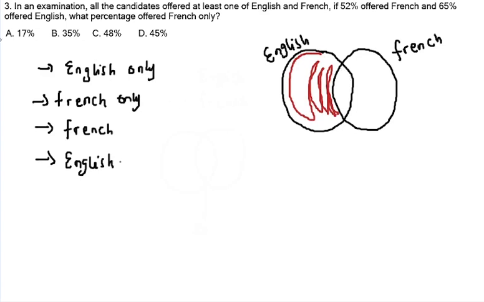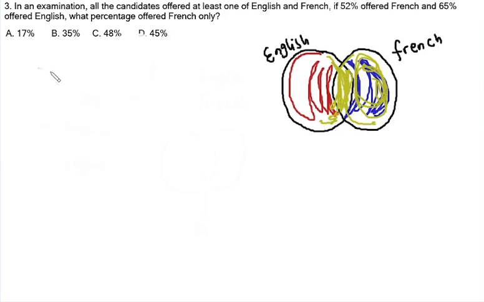If I say French only, I mean this portion of the circle, not including this portion. If I say French, then I mean everything here, including this portion, the whole circle. And then if I say English, I mean everything here, including the middle portion.